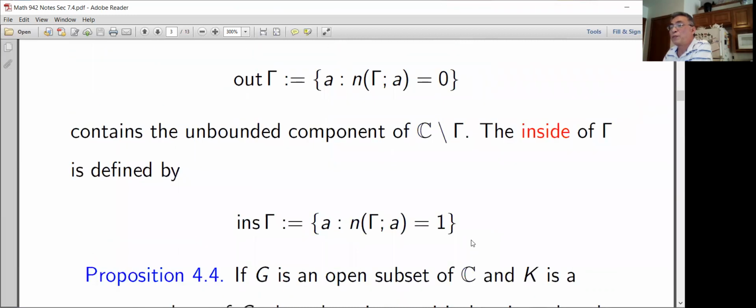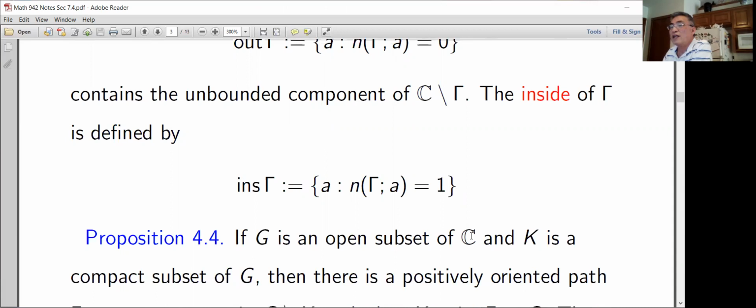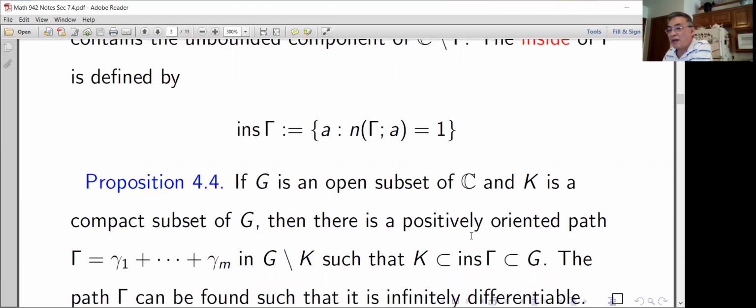Proposition 4.4. If G is an open subset of C and K is a compact subset of G, then there is a positively oriented path gamma. Here we write gamma equal to gamma 1 plus through gamma m, just a new way to write the same thing. So gamma consists of these several simple curves.